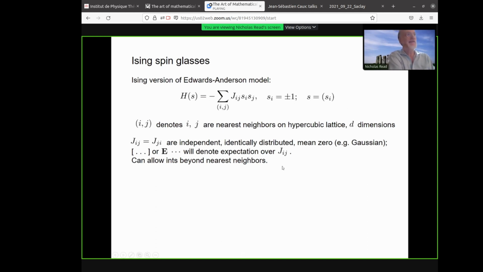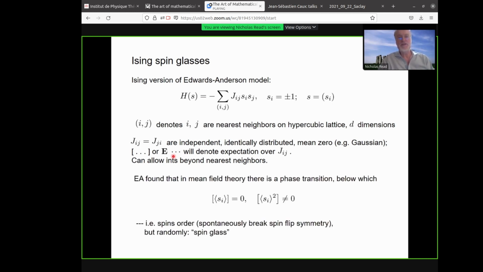This notation down here, you can't see that, never mind. We can see your pointer, yes. Okay, so can you see that? Yes. So this notation means an expectation value over J. Here I've done it for nearest neighbors. We can make it longer range, and I'll define that a bit.